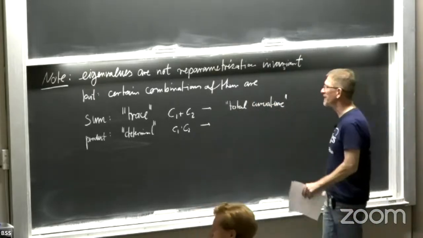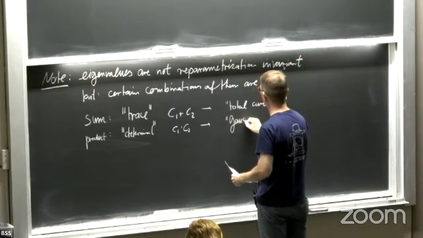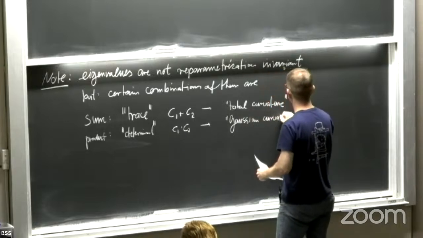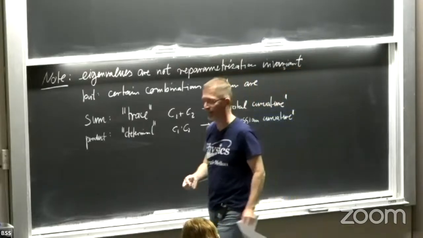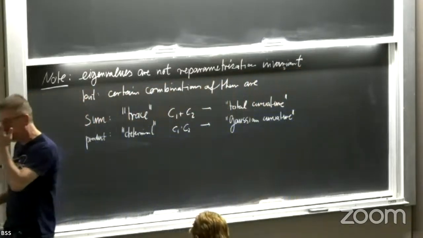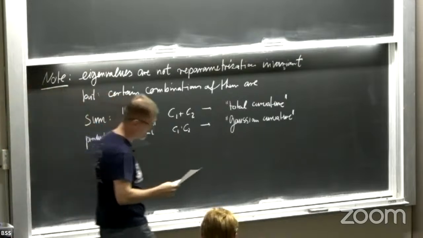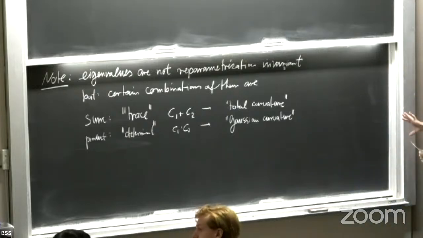The C1 times C2 is called the Gaussian curvature. Clearly because Mr. Gauss himself didn't have enough named after him. But to be fair, he did an awful lot of important work exactly on this field, so I guess he deserves his name there. Question, where was the question?